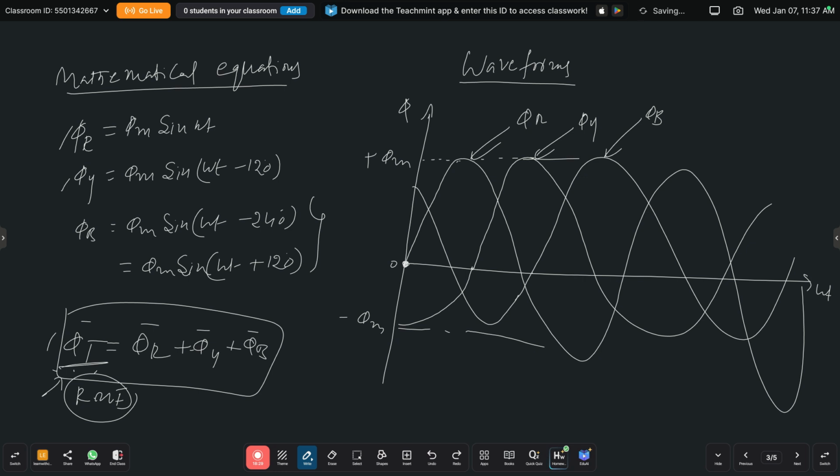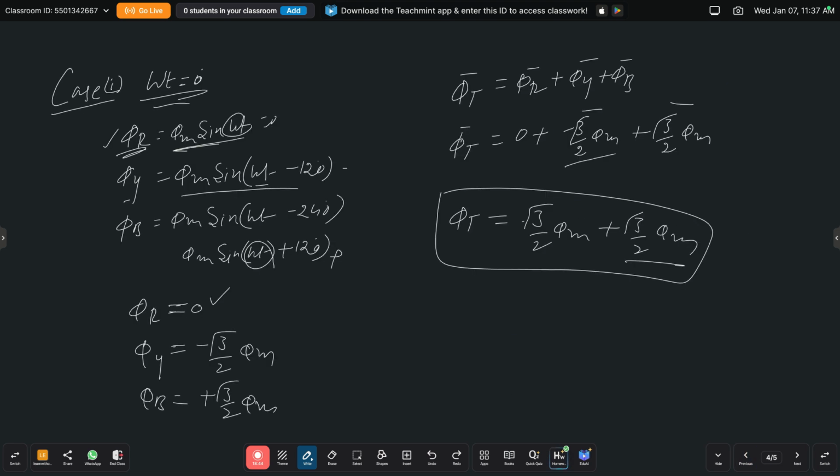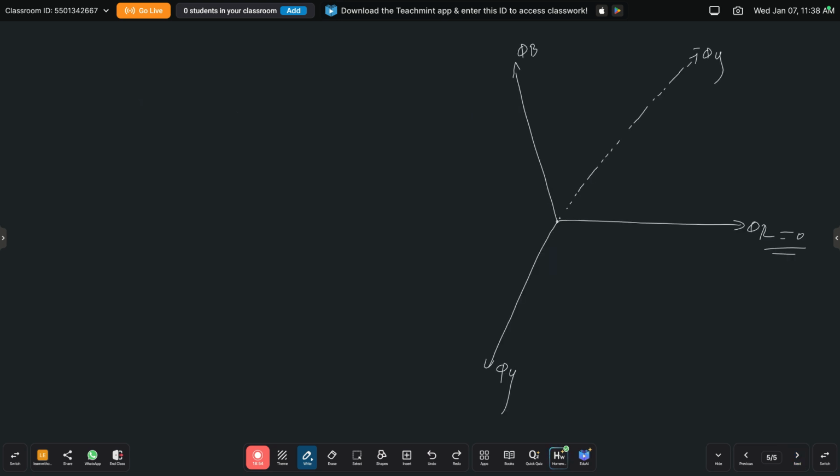φb is the positive value, and φy is the negative value, each with magnitude root 3 by 2 φm. So the total flux is the vector sum of φy and φb. Take the vector sum of these two values.